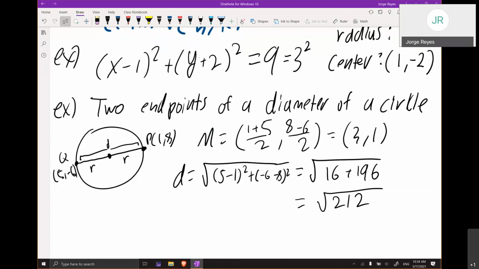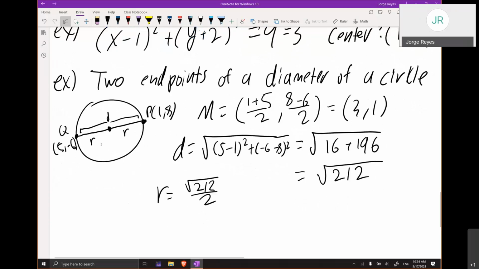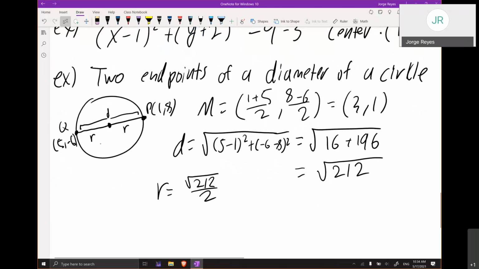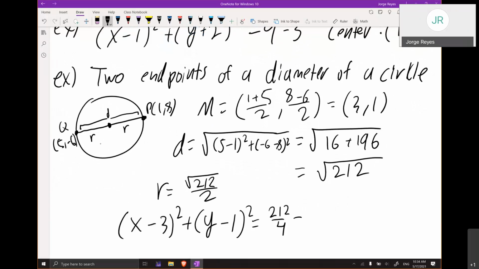This is the distance of the diameter, so the radius is square root of 212 over 2. The equation of the circle is (x minus 3) squared plus (y minus 1) squared equals r squared. So r squared would be 212 over 4, which you could simplify.